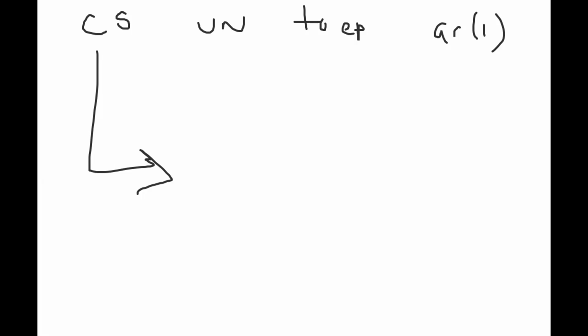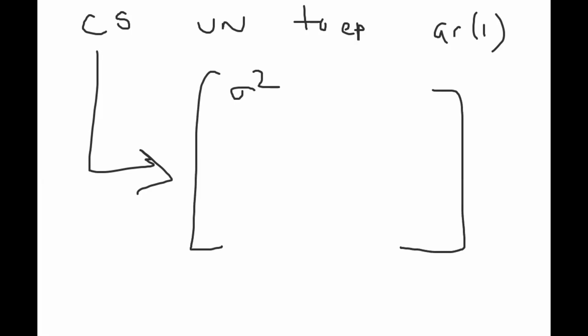The exchangeable is the compound symmetry. For us, the compound symmetry design for our 3 repeated measures in this example will assume a common variance for each observation at the respective point in time.